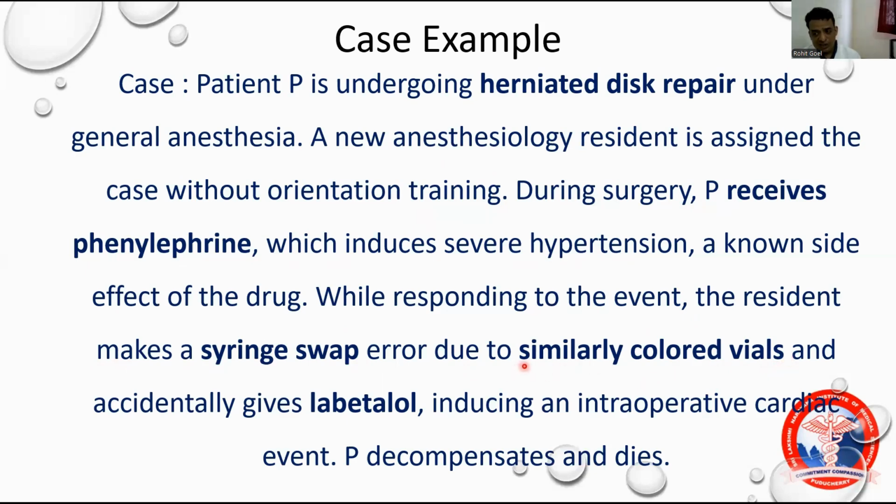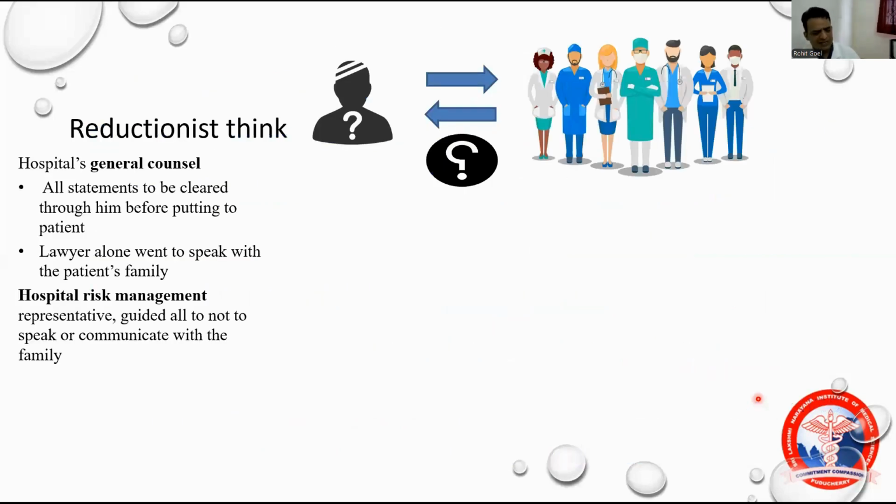Now, this is also one of these slices of cheese as brought out by James Reason, where this also could have been avoided. That color resemblance can lead to occurrence of these kind of errors. At this instance, the resident gives labetalol, inducing an intraoperative cardiac event. Patient decompensates and dies.